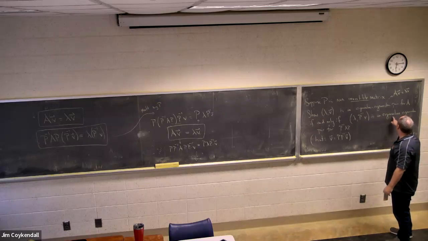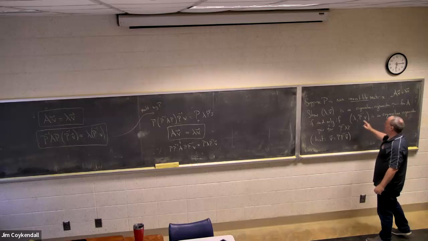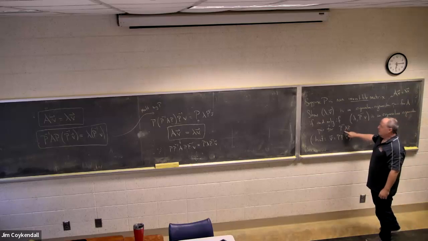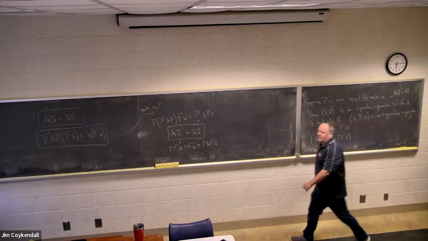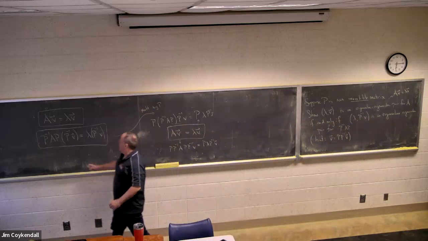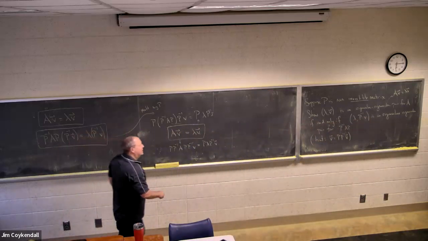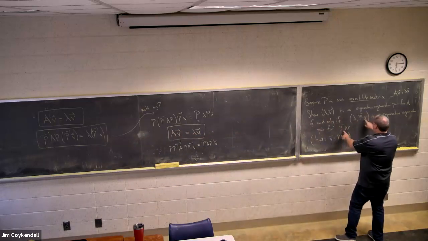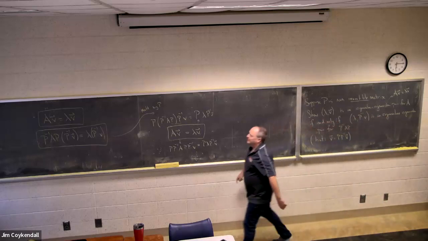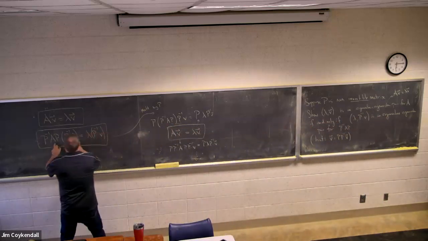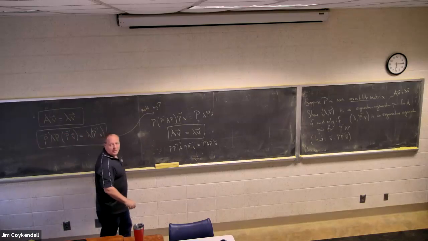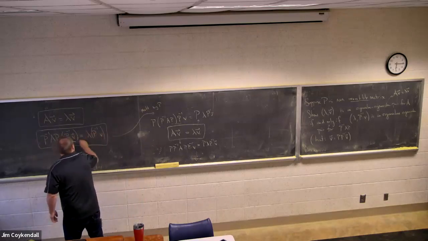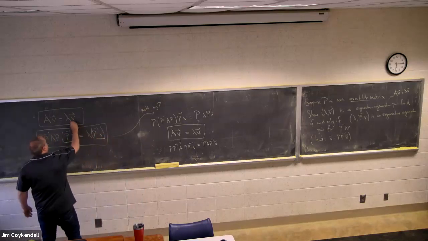So what is it, an eigenvector pair for this matrix? Matrix times vector is lambda times vector. So matrix times this thing, here we go, is lambda times the same vector.